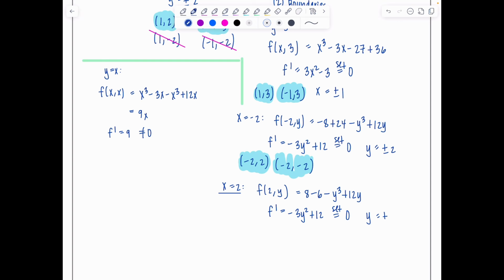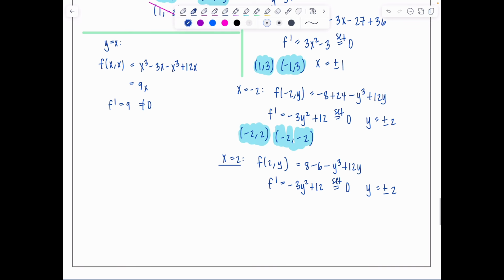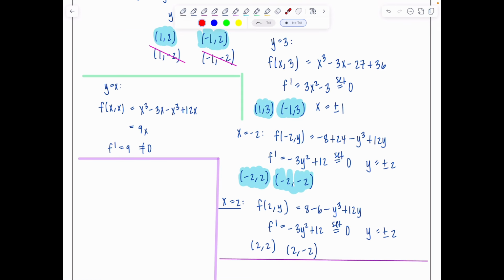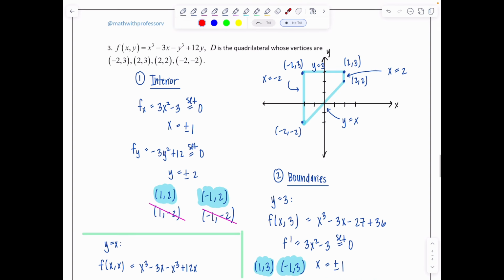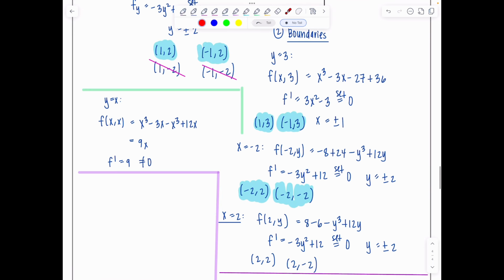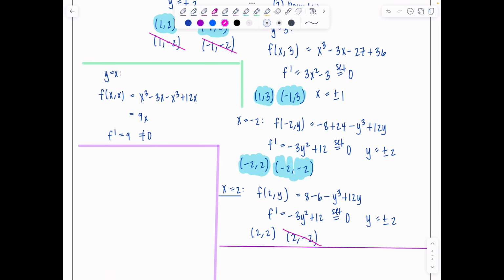Y is plus or minus 2. And then, yeah, I think 2, 2, and 2, -2. Now let's check both these. 2, 2 is actually a corner. 2, -2 is outside the region. So throw that one away. This is the only critical point that's actually on the boundary.